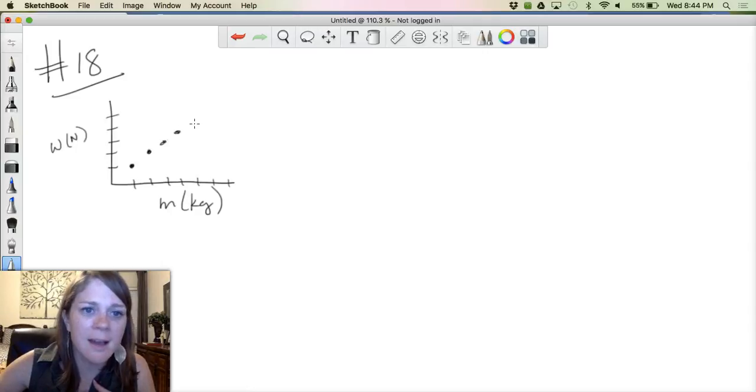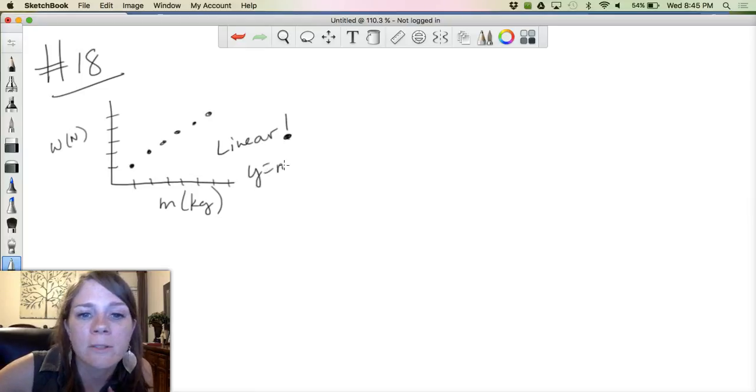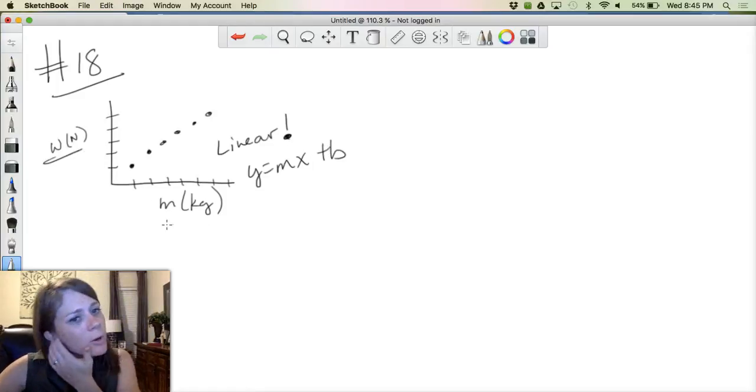And we get this nice graph that is perfectly linear. What's the equation of a line? y equals mx plus b. Now I have to ask myself, do I know an equation that relates weight force to mass?